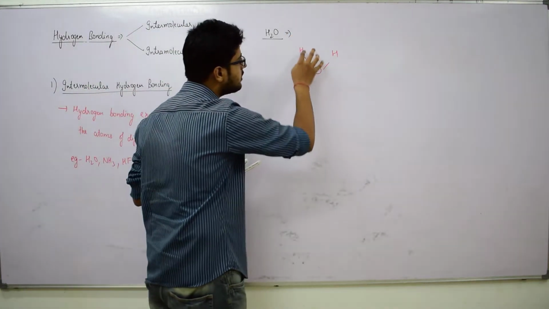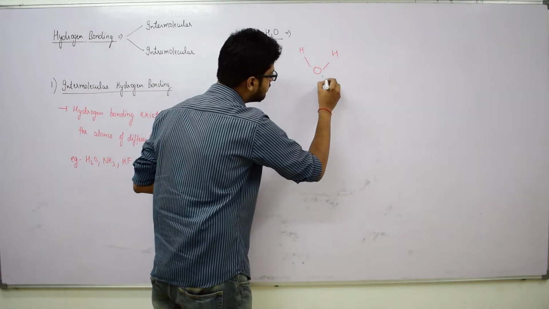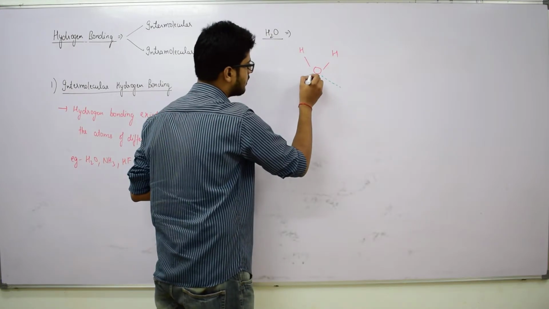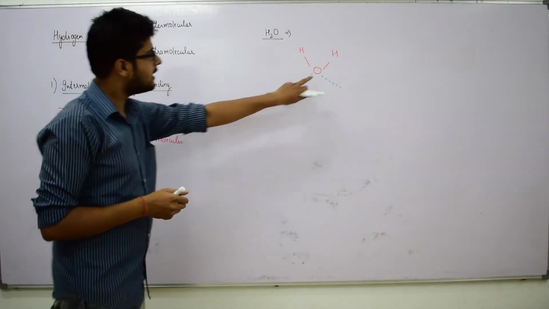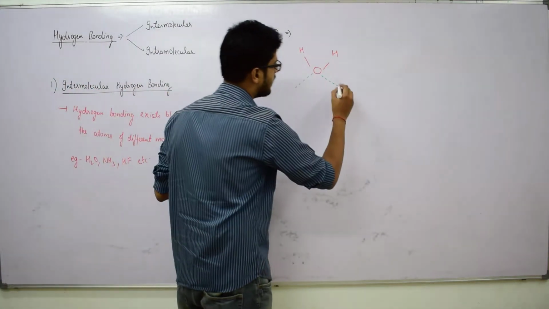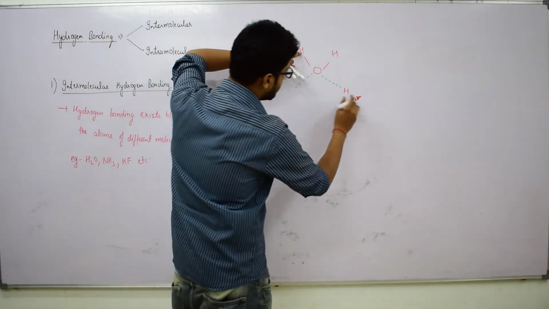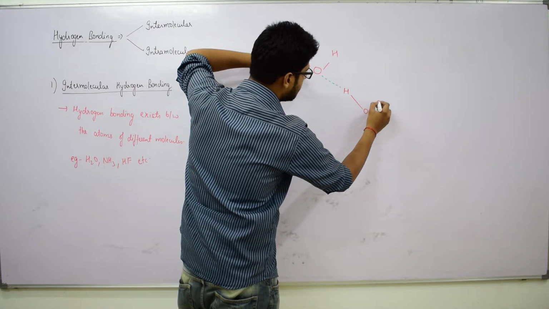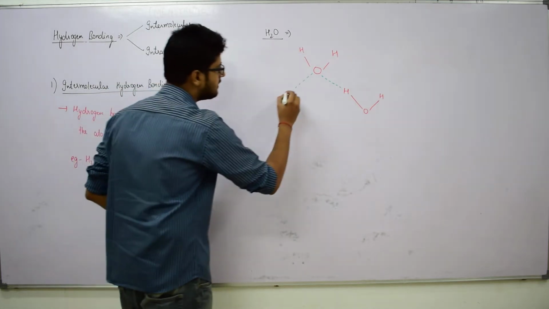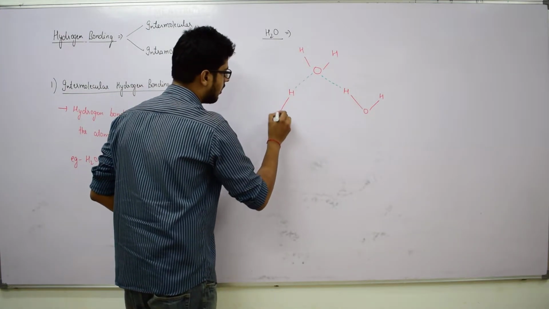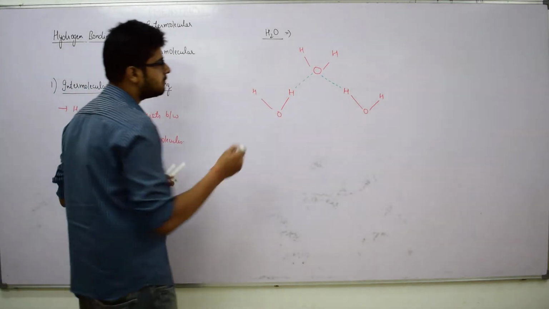Since oxygen is more electronegative than both the hydrogen atoms, this oxygen will form hydrogen bonding, which is represented by dotted lines, and it will be connected to the hydrogen atom of the next water molecule. So this is our hydrogen. It will be further linked to an oxygen atom, and this will be further linked to a hydrogen atom. The same thing will happen on this side: hydrogen, oxygen, hydrogen. This chain will further extend on both sides.